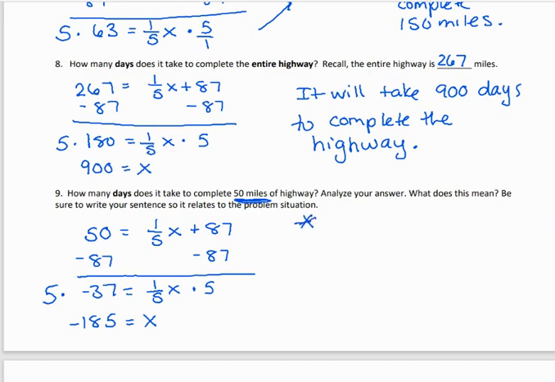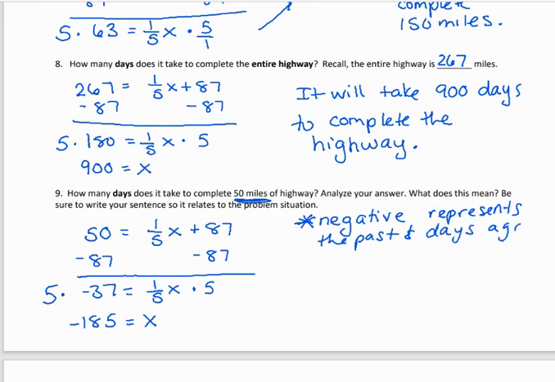That negative answer, we'll write a sentence in 1 second, but that negative represents the past and days ago. So what this means is that 185 days ago, there was 50 miles completed.